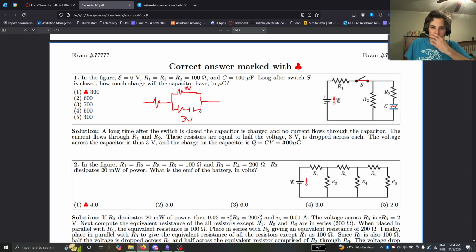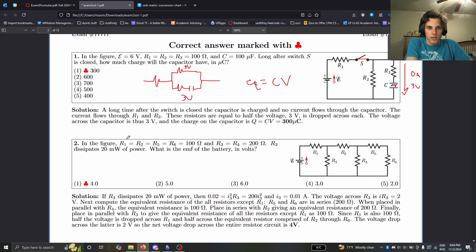That's just how the diagram is set up. This has 0 amps, but 3 volts long after the switch is closed. What does that mean? Q is just equal to CV, so if you multiply C by 3, you get the answer just fine.